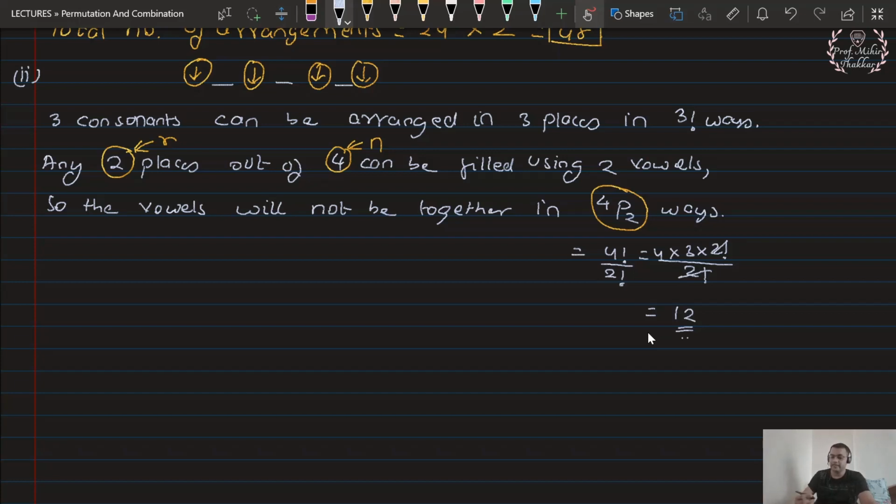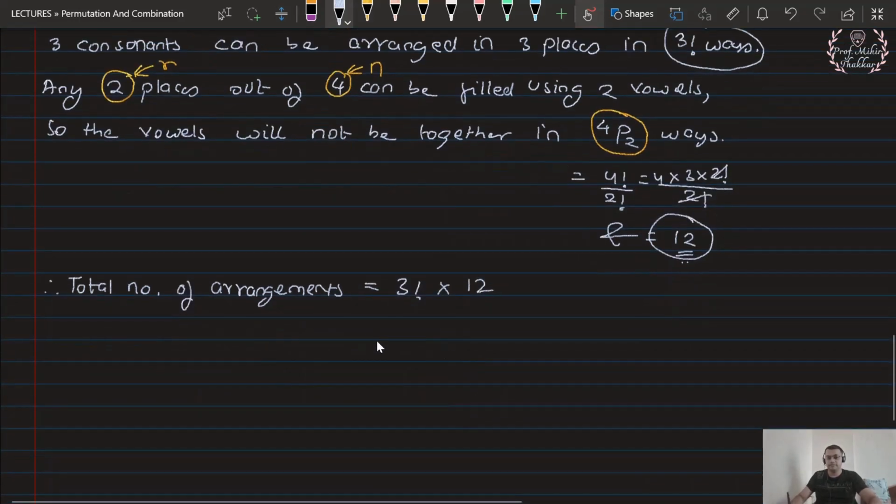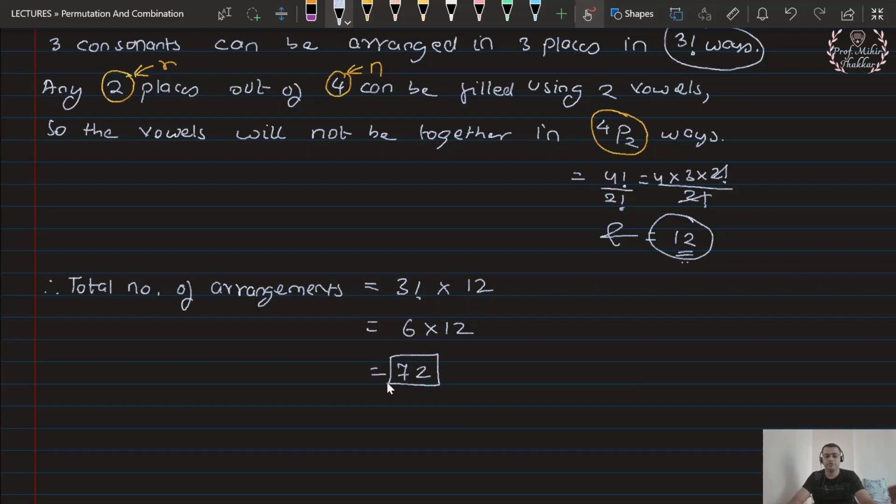Now when I want to get the total number of arrangements, it will be arrangements of the consonants and the arrangements of the vowels together. So when it comes to "and", it means I have to multiply the possibilities, which is 3 factorial multiplied by 12. So that is 3 factorial, 3 into 2 into 1, is 6 into 12, which comes out to be equal to 72. Very simple.